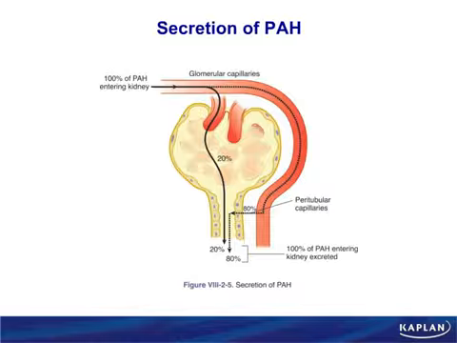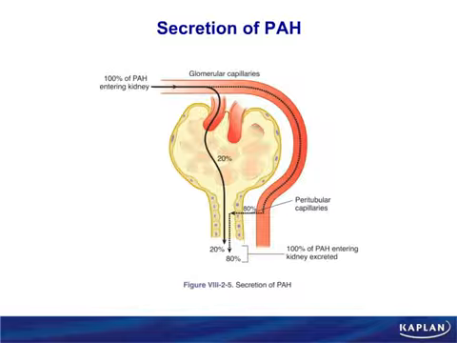If you look over here at the renal vein, you will see in the renal vein the plasma concentration of PAH will be 0. That means the clearance is very high. That means you have cleared everything that has entered the kidneys. 20% filtered, 80% secreted, 100% excreted, 100% cleared. Your clearance is 100%.